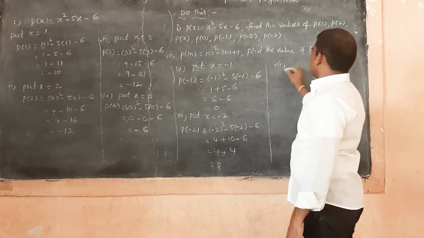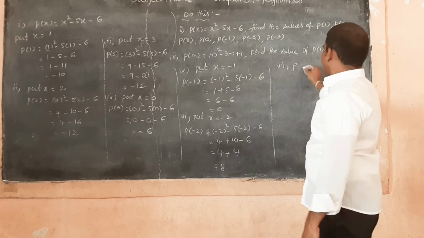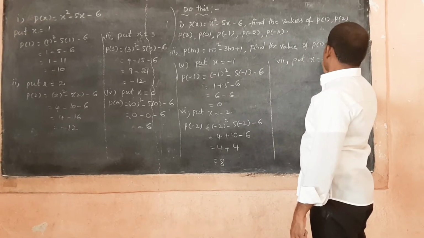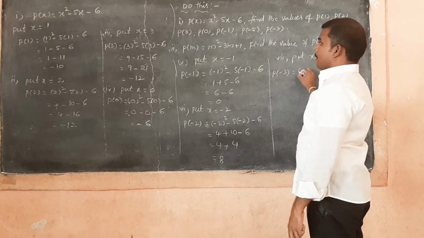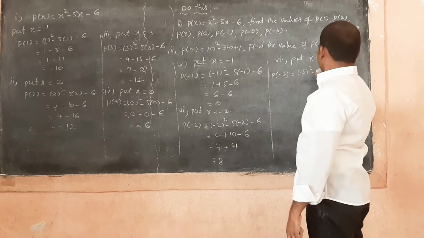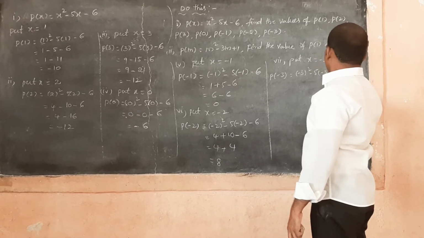Next, seventh one. Put x is equal to minus 3. P of minus 3 is equal to minus 3 whole square minus 5 into minus 3 minus 6.